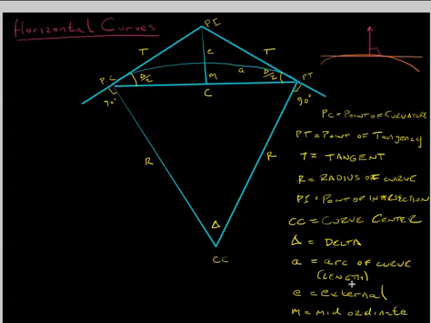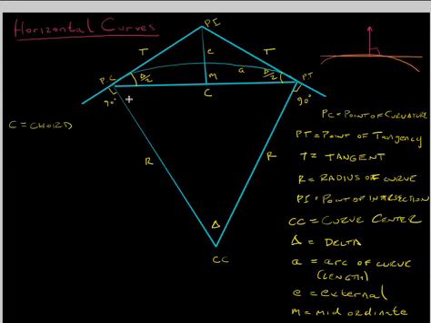C is the distance from your PC to your PT, the straight line distance from your PC to your PT. That's the chord.